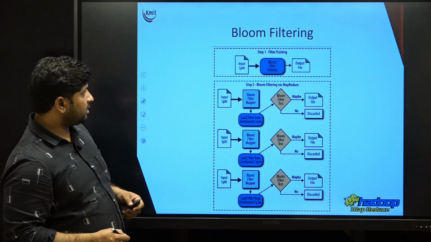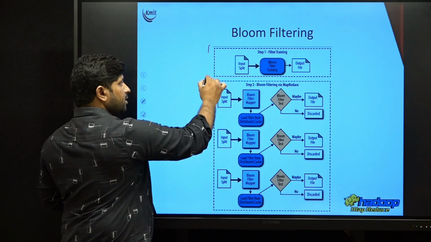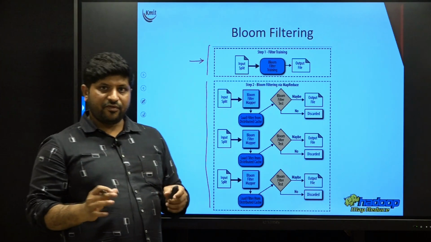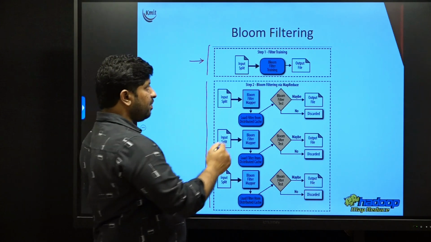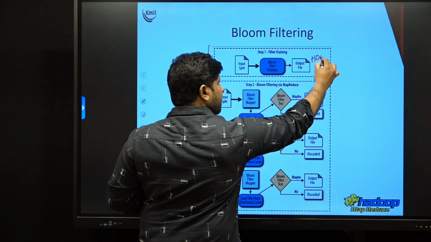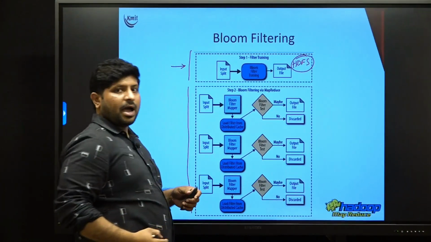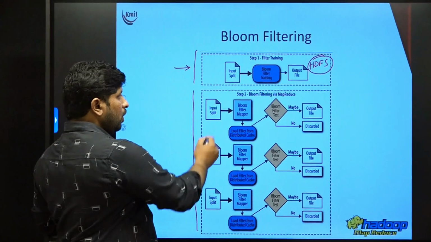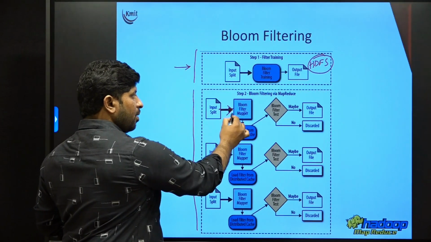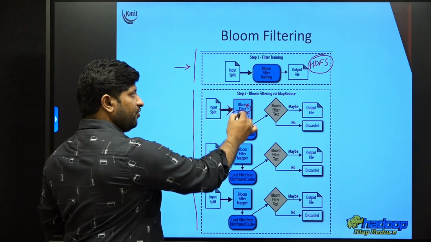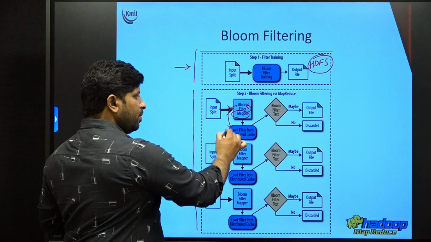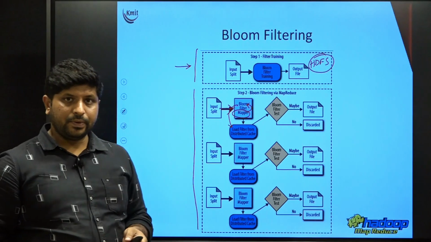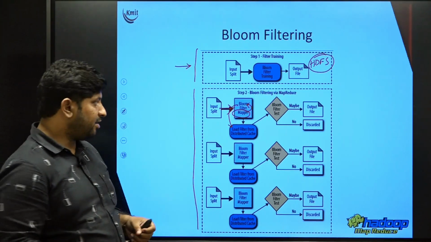Coming to the structure of Bloom filtering, you have two phases. In step 1, you create the predefined hot values, and they are stored onto some storage mechanism or disk; here we are treating it as HDFS. In step 2, for each input split you apply a mapper and extract the features, and these features are compared with the saved hot values, which are retrieved from a distributed cache.